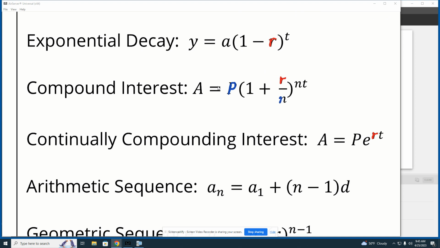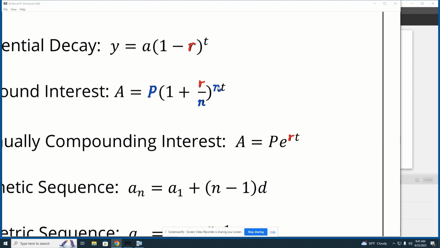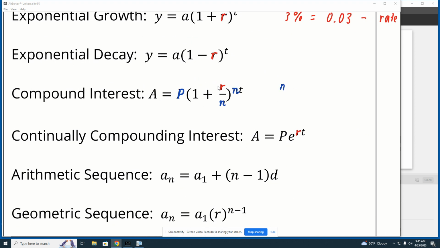But can y'all remind me, what is N in compound interest? Do y'all remember that? What is N? N is the number of times it's compounded. Number of times it's compounded.